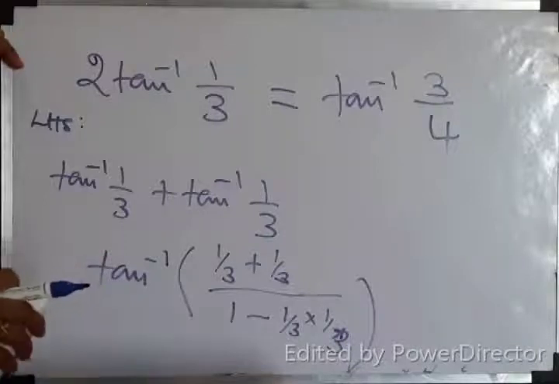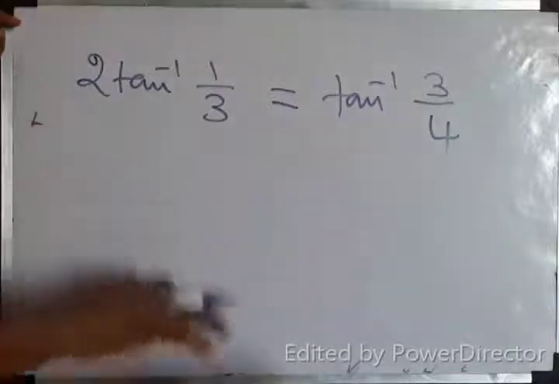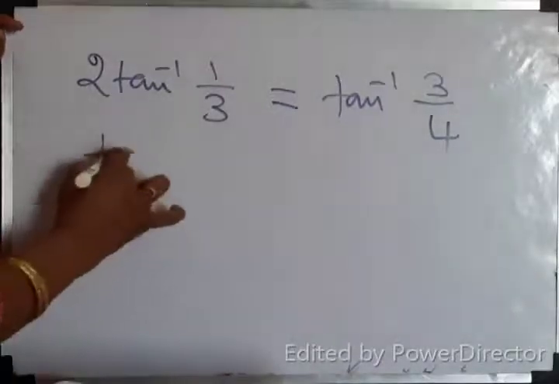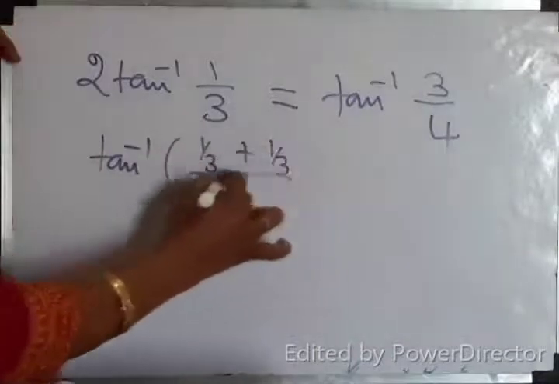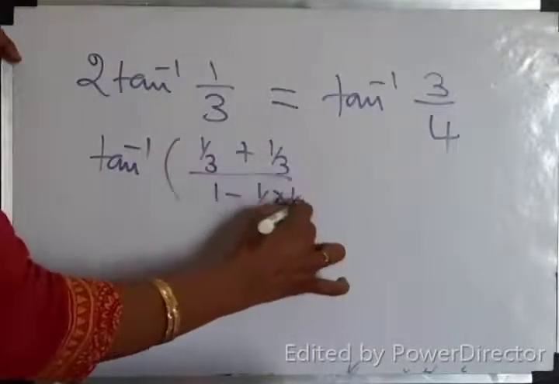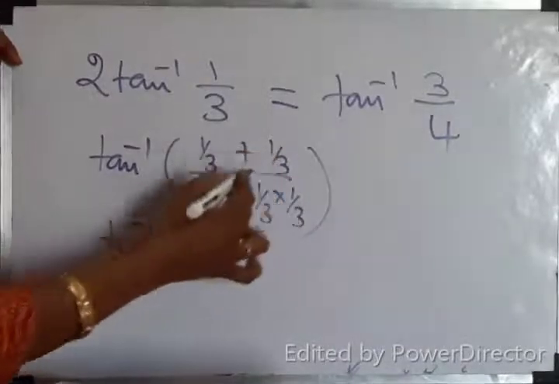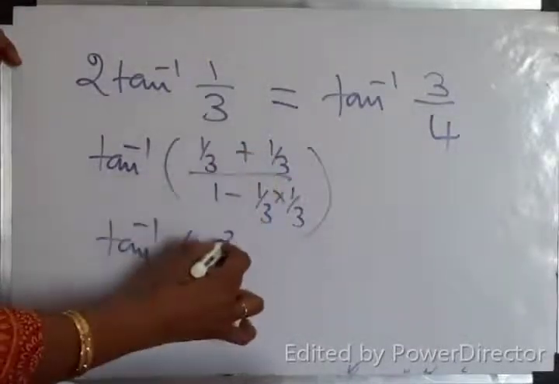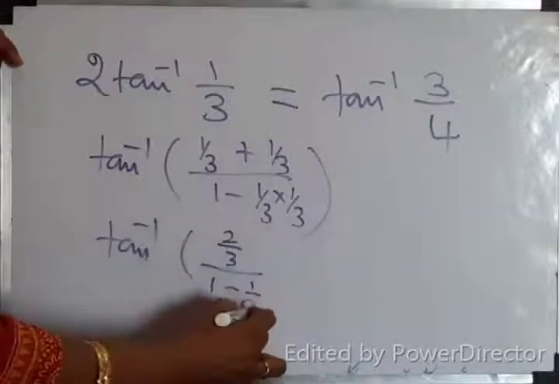How will you simplify? Next step. Tan inverse of 1 by 3 plus 1 by 3 by 1 minus 1 by 3 into 1 by 3. Correct. So same base: 2 by 3 by 1 minus 1 by 9.